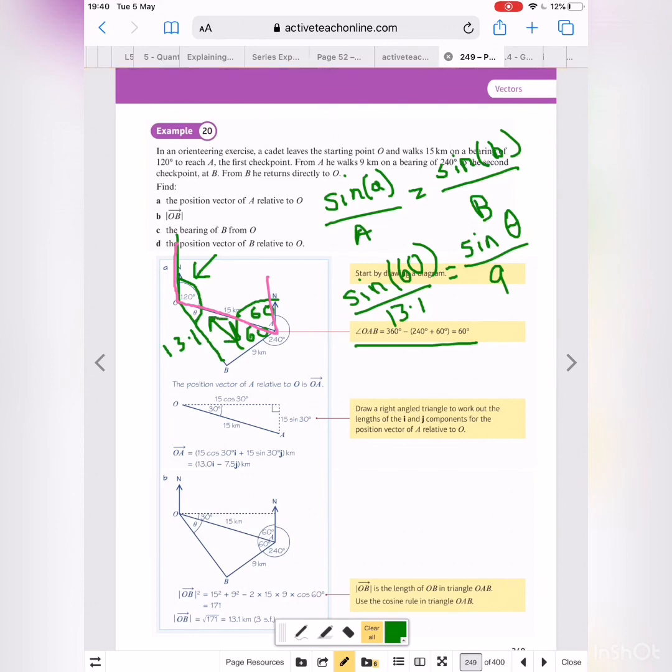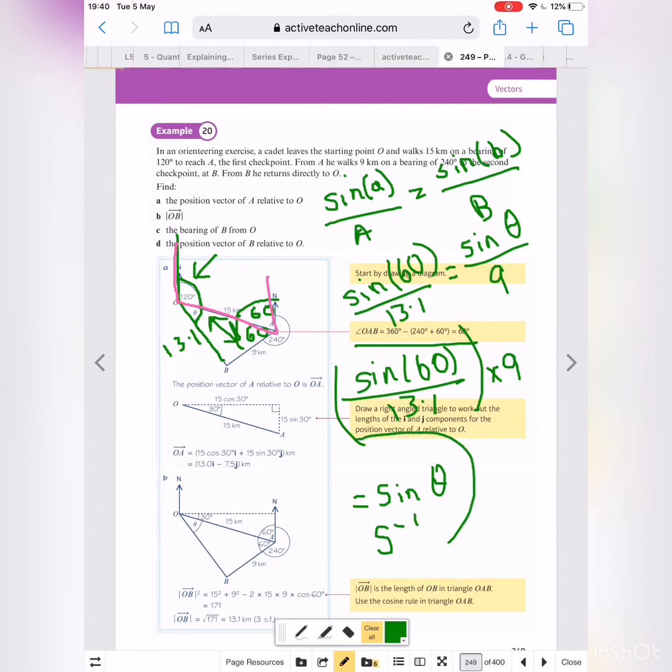So then all you would do is sine 60 divided by 13.1 all times by 9, which gives you the sine theta. So then you just do sine to the minus 1 of all of that, and it would give you that value of theta.